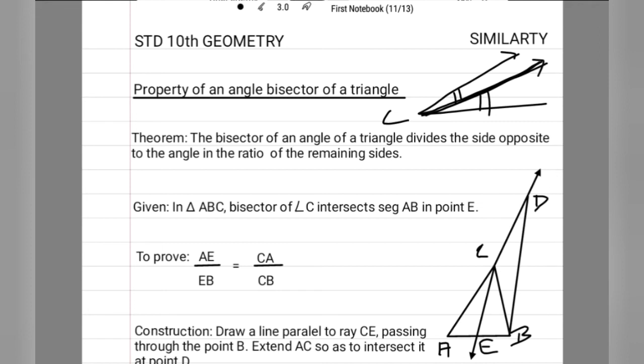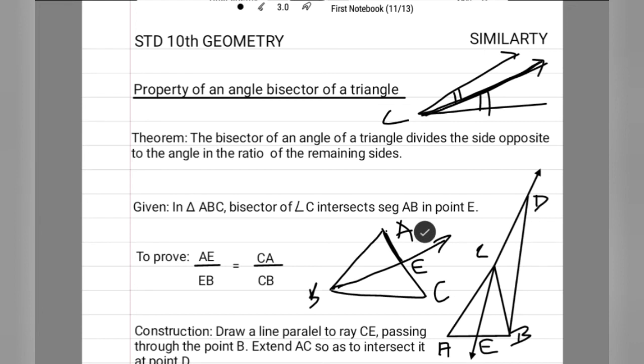Now for understanding this theorem, we take a triangle ABC here, drawing an angle bisector from angle B, which intersects the line AC at point E. So according to the statement, we have AE upon EC is equal to BA upon BC. So this is what we have to prove.